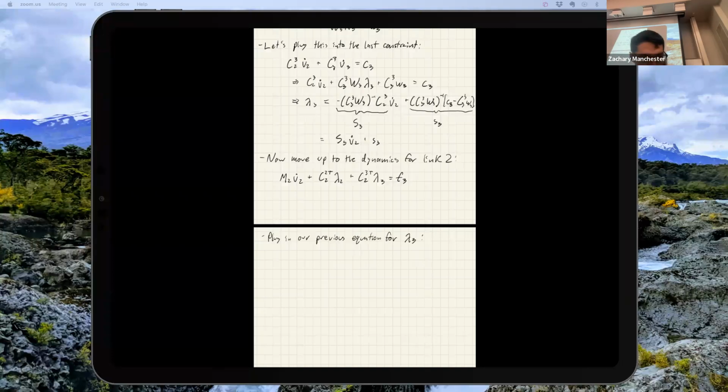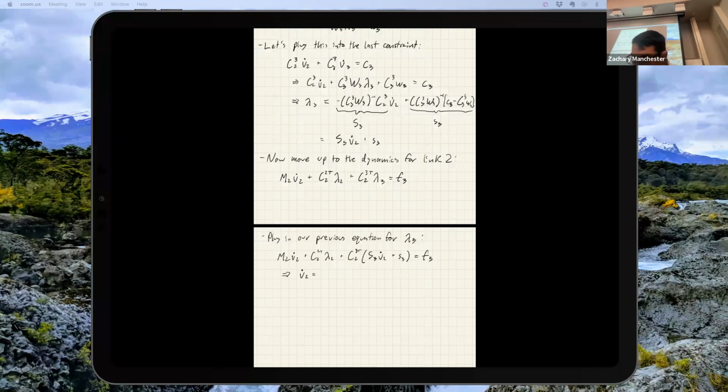So here we go. We've got M2 V2 dot. This guy stays the same. Now we've got this thing. Then I can solve this guy for V2 dot in terms of the lambda. So I've got something that looks like this.